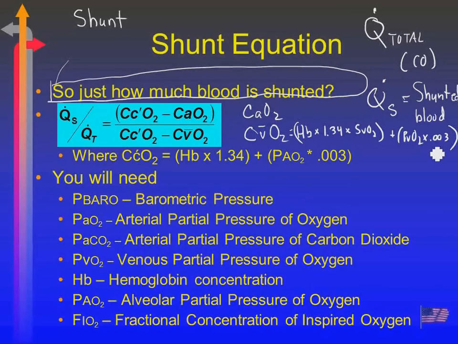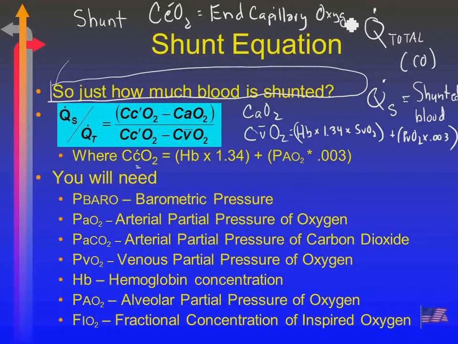I got a weird symbol there. C with the content of end capillary oxygen. Now, what the hell am I talking about? I've been probably saying that since end of August, but let me keep on going.